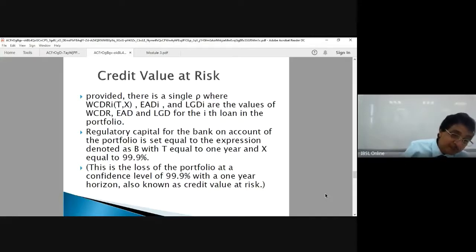Even if the unexpected happens, it may not go beyond the worst case. So there we try to get the worst case default rate. When you calculate it and multiply it with the EAD and the LGD, you will get the unexpected loss of the particular loan.